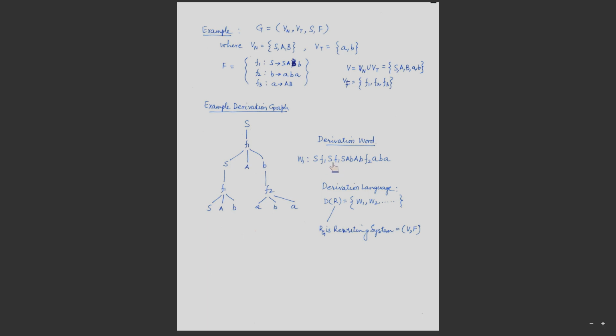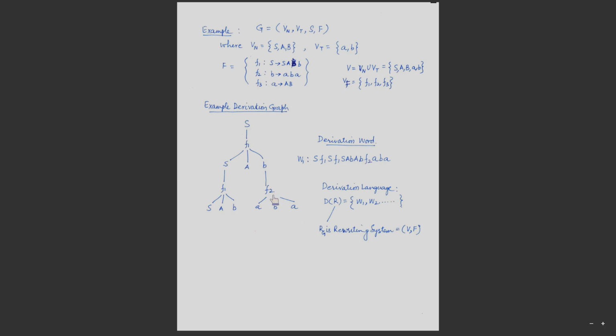On applying production rule F1, we get SAB, and then S is again applied production rule F1. So S on applying F1 gives you SAB. So if we traverse this tree, SAB, and after that A.